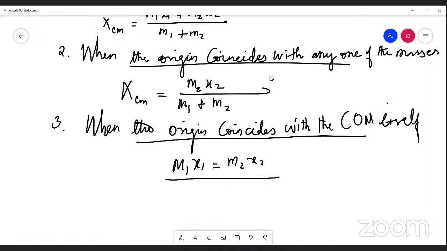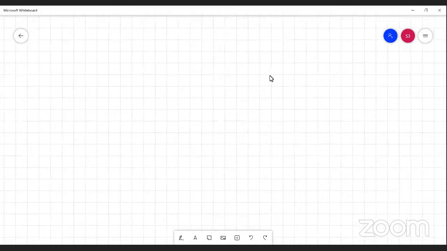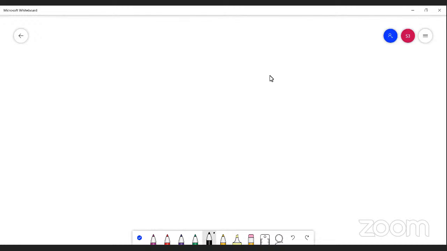With that, we are going to step into the problems now. We shall see example problem, example 5.1.